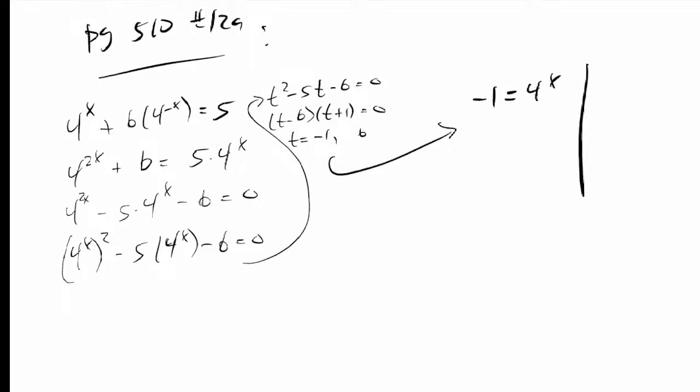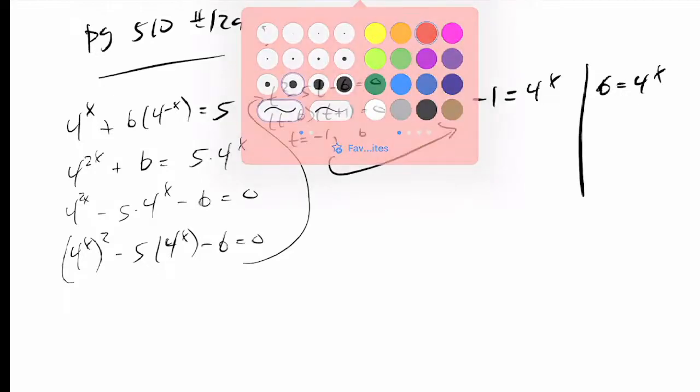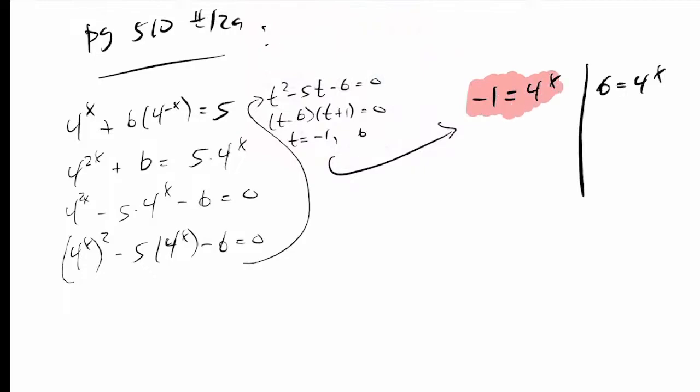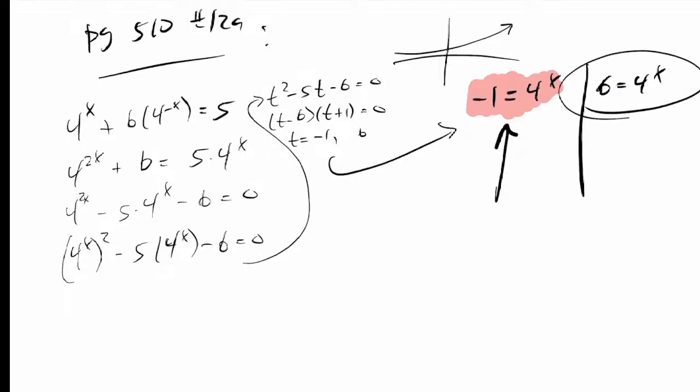And then you would solve each of these. Michael, while we're at it, I know you said you got it, but there's no solution on this side. You see that? No solution on that side. I have an exponential growth on the right hand side. It's never negative. Your exponential growth functions look like this. They're never going to be below the x-axis, so there's no solution on that side. This one, you take the ln or log of both sides and you can solve.